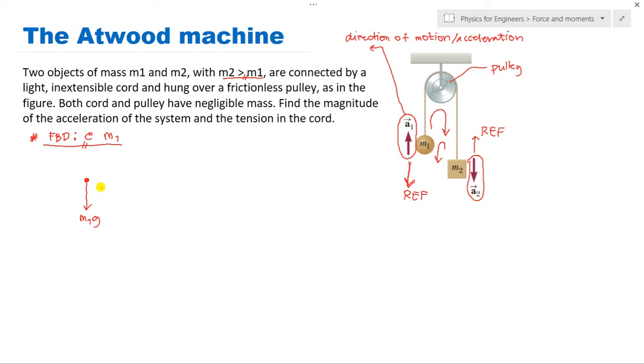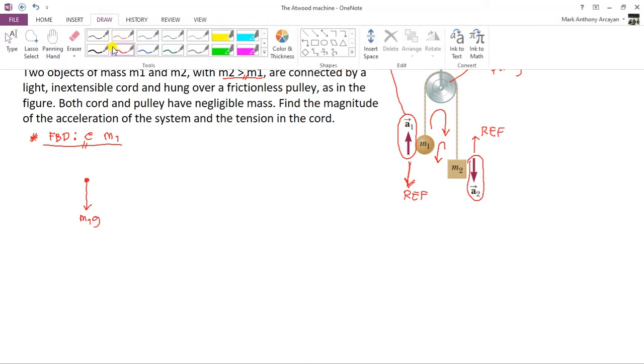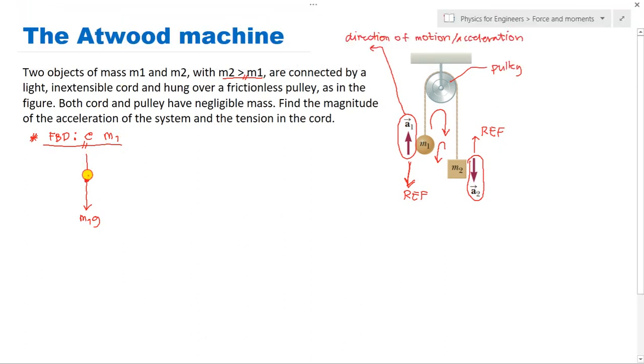Okay, tensile. So again, unsay direction sa atong tensile? Kung nag-pull ta, is it towards the object or away from the object? Kung tensile gani, meaning you pull the object. So what happens to the direction of our tensile force?